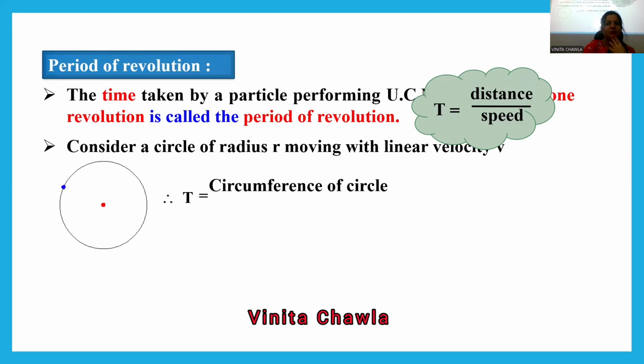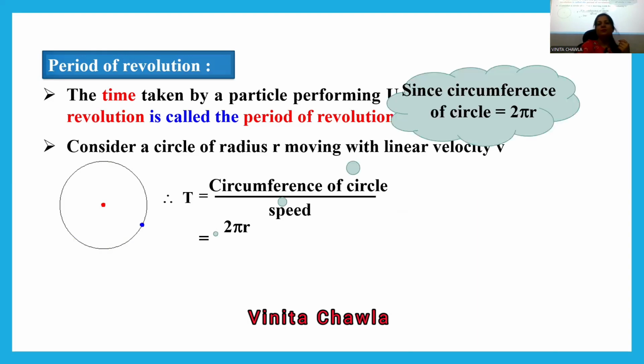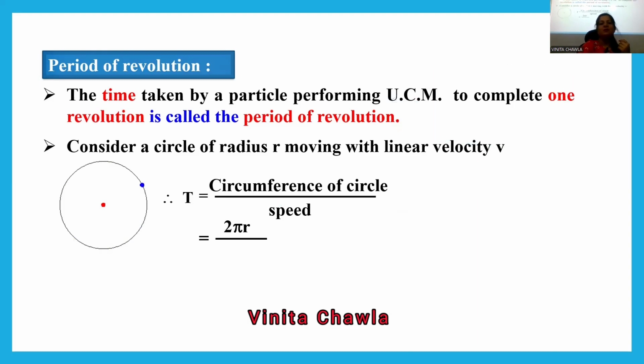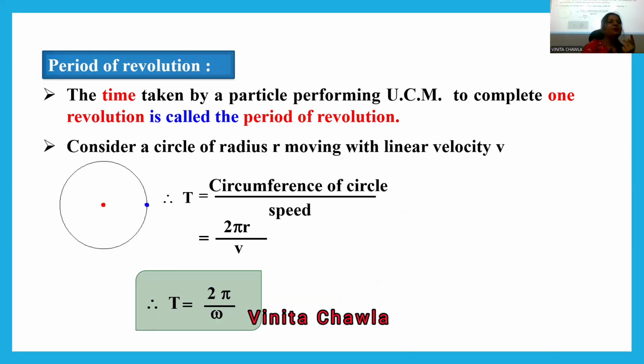It's 2 pi r, the circumference of the circle, and speed is v. So we can write time period as 2 pi r by v. And how are v and omega related? v is equal to omega r, right?